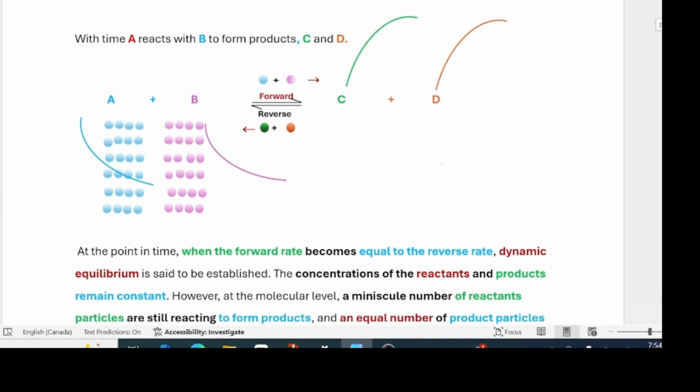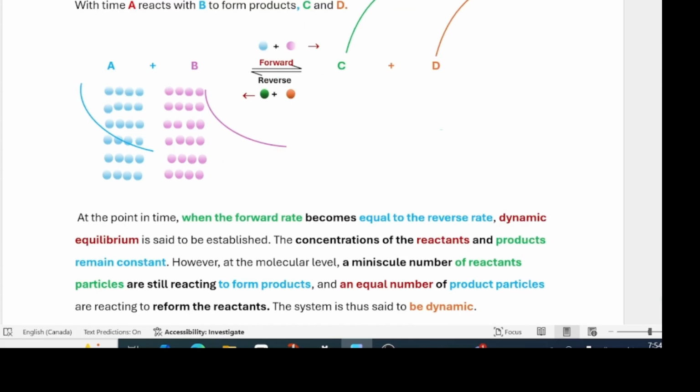Looking at this other figure, we can illustrate how that happens. That amount of reactants has disappeared and the corresponding number of moles of C and D has appeared. Again, with time, more of those will disappear. You can see smaller quantities of A and B have reacted to produce corresponding quantities of C and D.